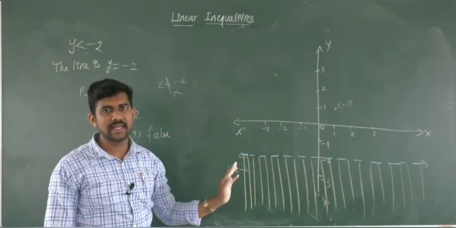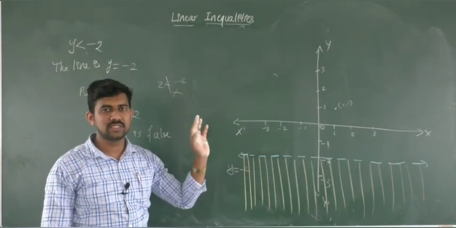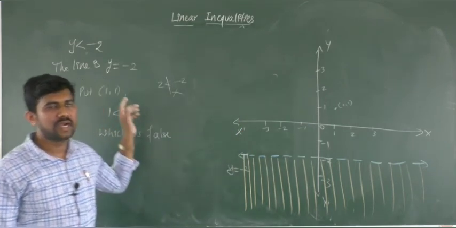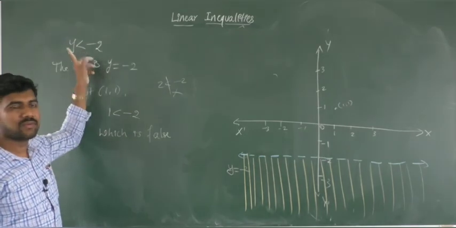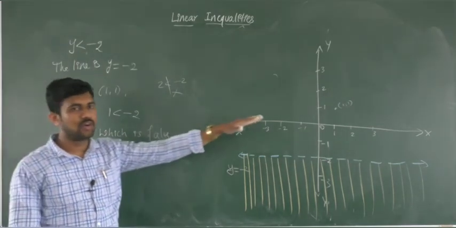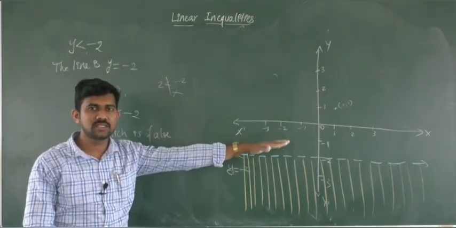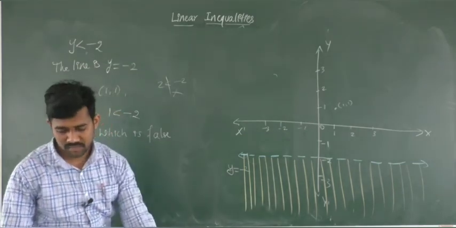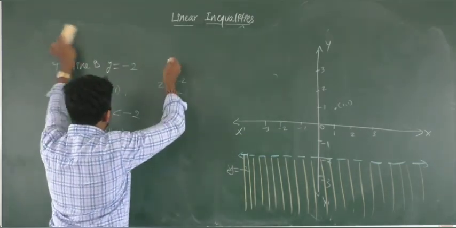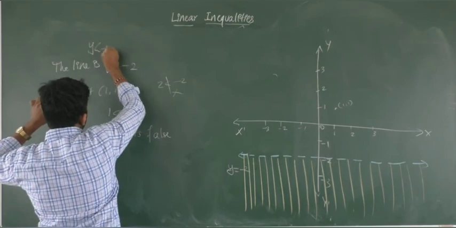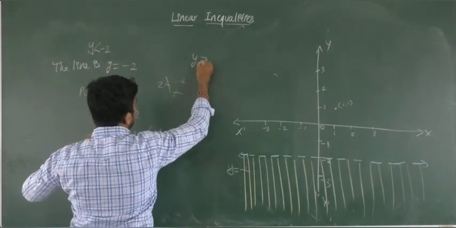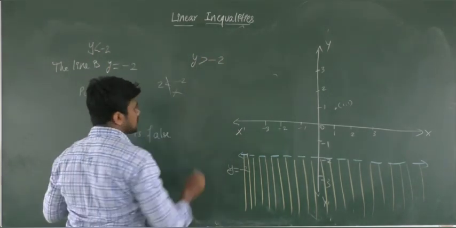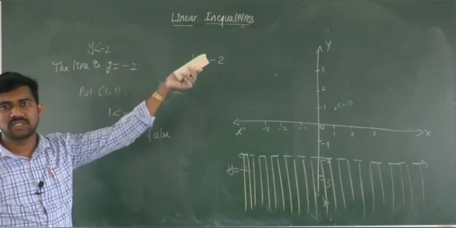If you have a vertical line, then the right half plane is the solution region. Here you have a less than symbol, y less than minus 2, so horizontal line, and the solution region is the lower side. Suppose you have y greater than minus 2, then the upper half plane is the solution region.